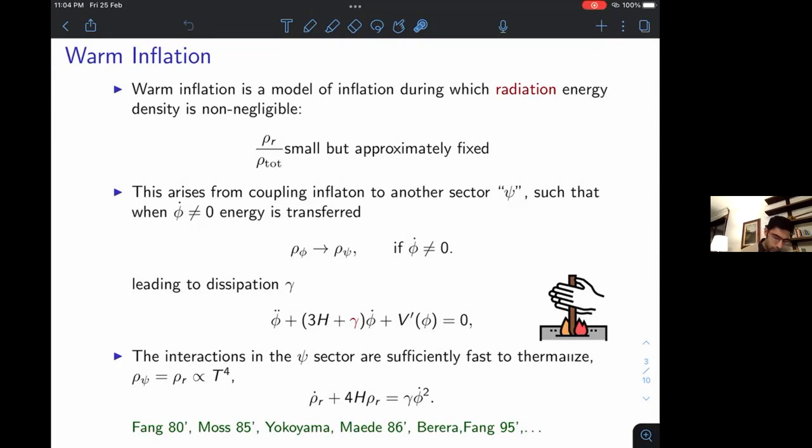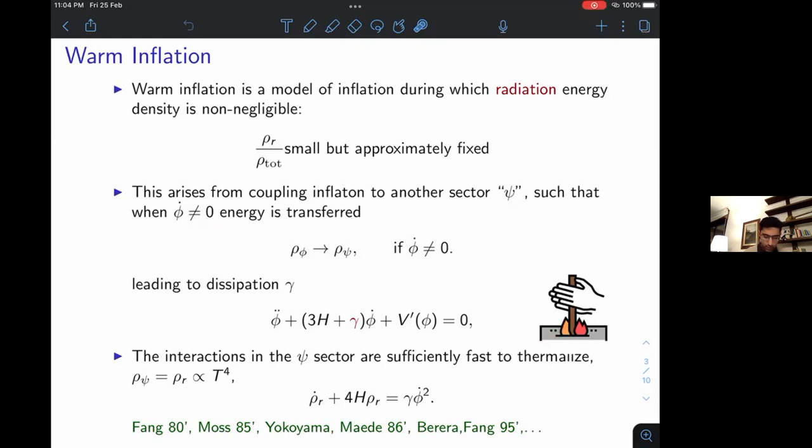Why does it remain fixed? It's because the inflaton is coupled to some other sector, and as the inflaton rolls, energy gets transferred from the inflaton into this other sector and heats up that other sector.